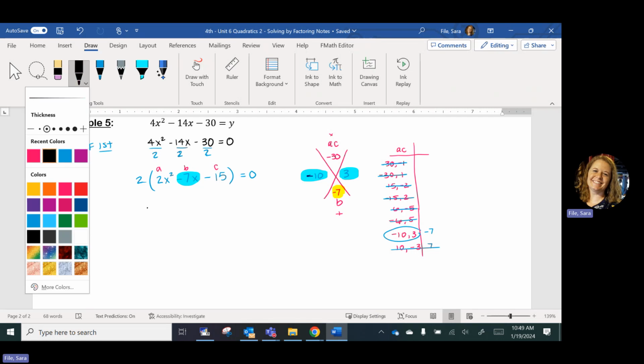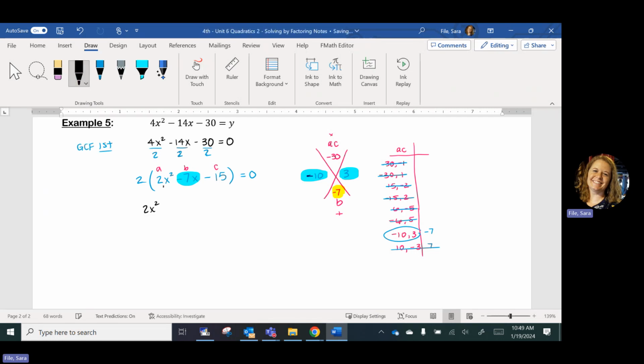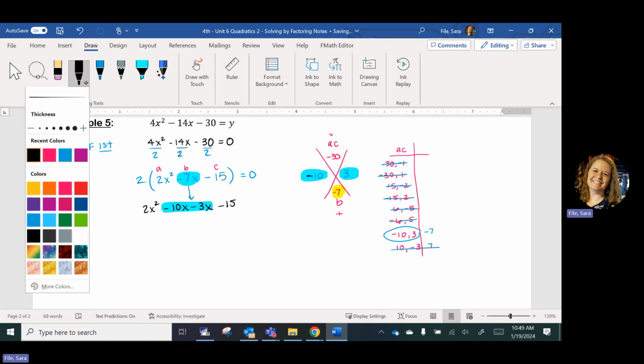So I'm going to make that substitution. 2x squared stays as is, but here I'm going to change this to minus 10x minus 3x, and then minus 15 stays as is. So I just substituted right there. That's the only difference I have. But now I have 4 terms, and I'm ready to do grouping.